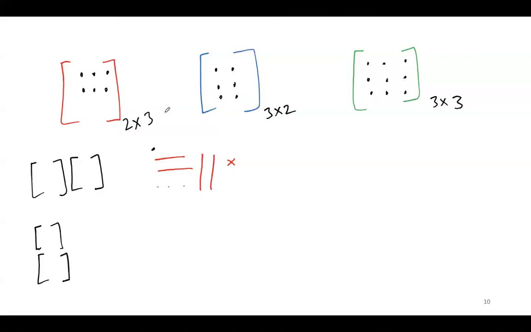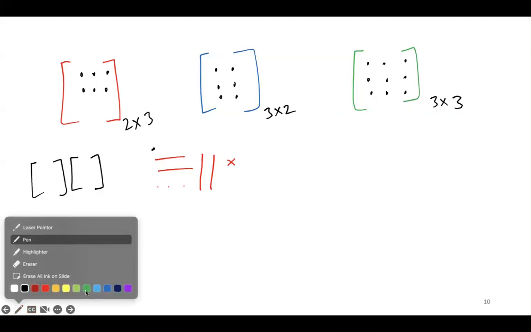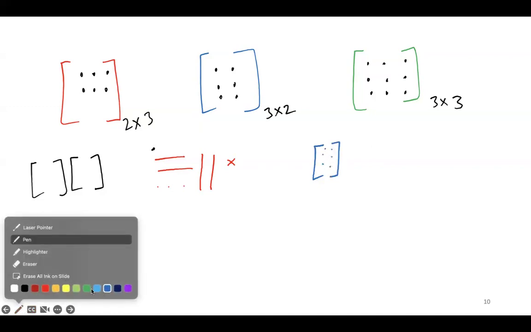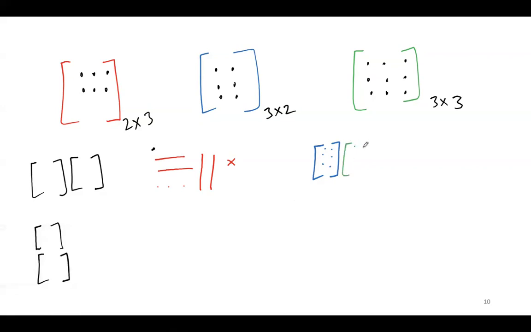Can red and green be placed side by side? No. Okay. Can blue and green be placed side by side? Yes. All right, perfect. So if I have this blue matrix here, it's going to look like this, and if I have this green matrix next to it, I can do that.